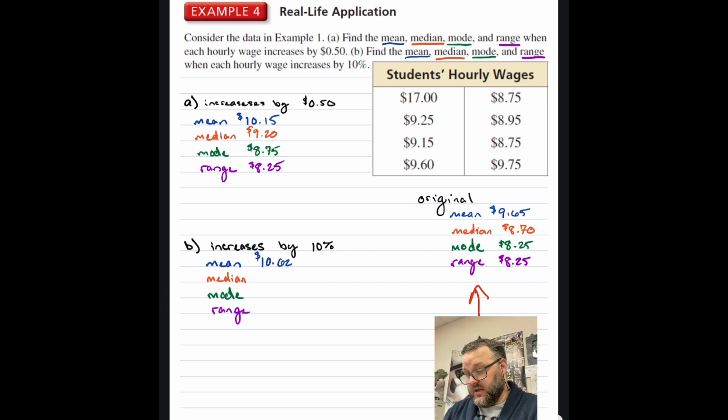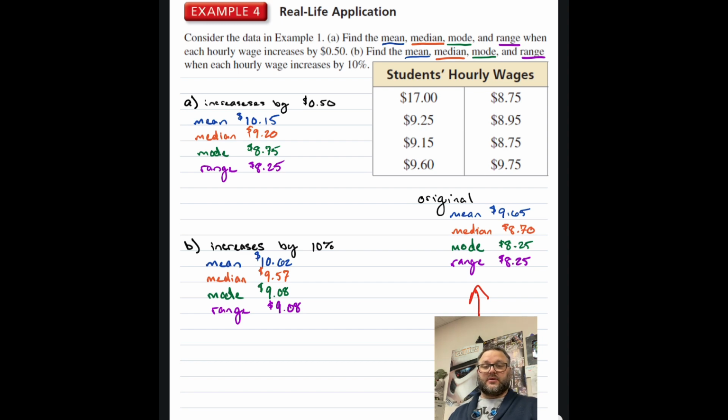My new median becomes $9.57. My new mode becomes $9.08. And my range, oh, that actually did change. But it's by the same percent this time.